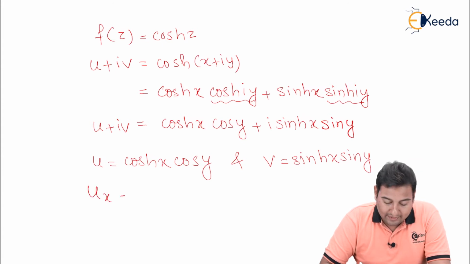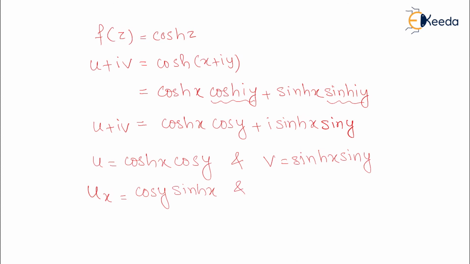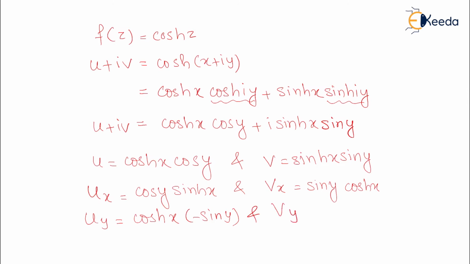ux: y is constant, cos y is constant, derivative of cos hx is sin hx. vx: sin y is constant, derivative of sin hx is cos hx. uy: cos hx is constant, derivative of cos y is minus sin y, and vy: sin hx is constant, derivative of sin y is cos y.